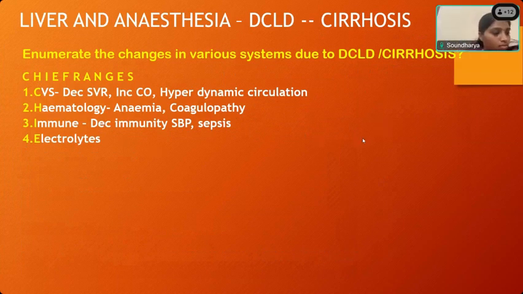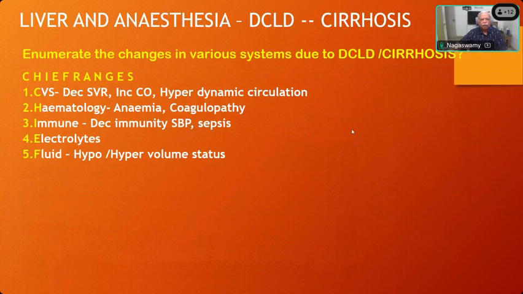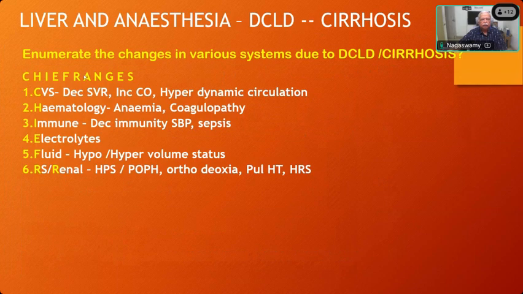And F, fluids: hypo or hypervolemic state. R, renal. Renal syndrome, or respiratory and renal, both can be remembered by R. So it can be hepatopulmonary syndrome, pulmonary hypertension, orthodeoxia, and hepatorenal syndrome.